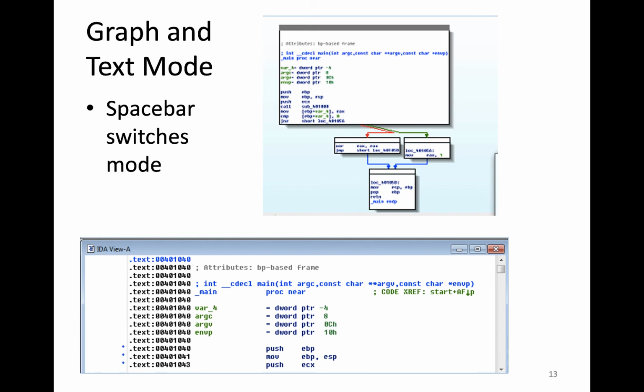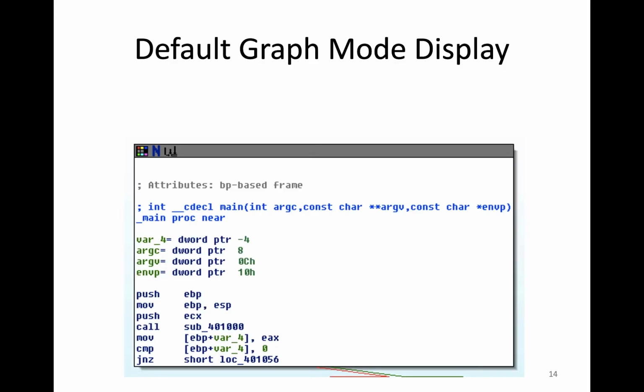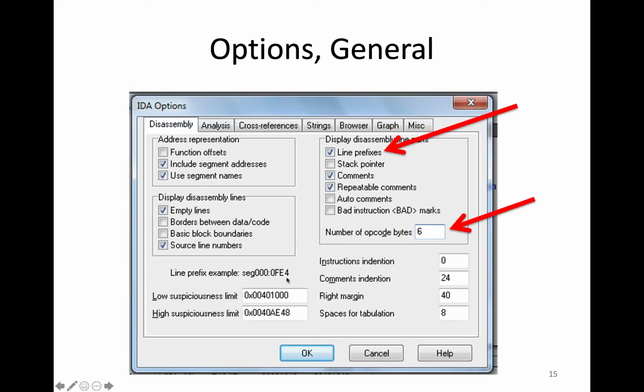Both are useful, and you're going to find that you switch back and forth. The default will be the graph mode display, and there's a bunch of line options you could play around with. Line prefixes is nice, and then the number of opcode bytes that you're using. For this assignment you're probably okay just using the defaults, but these are things you could look into in the future, or if you have more questions we could talk about it.